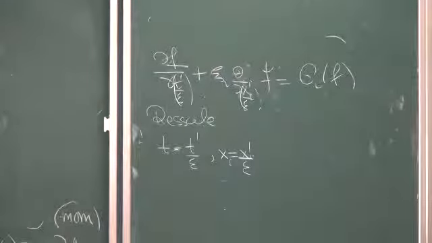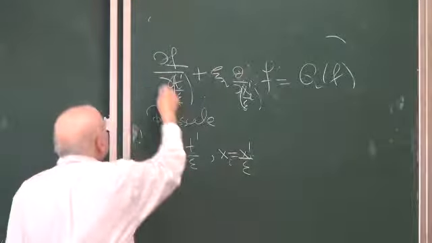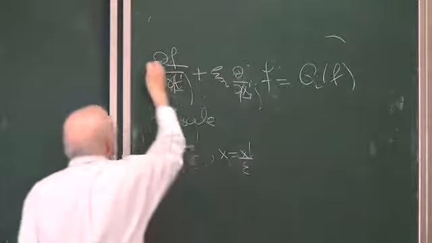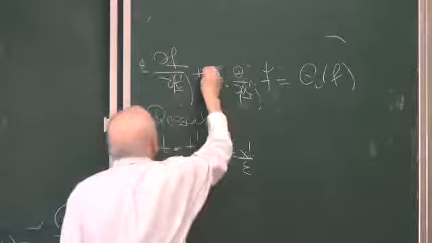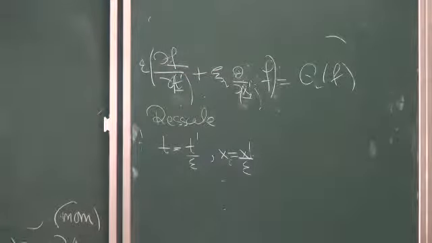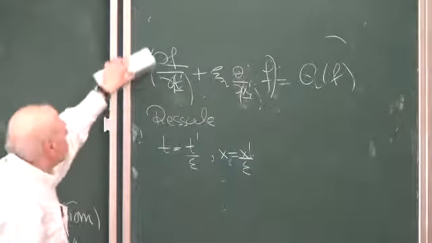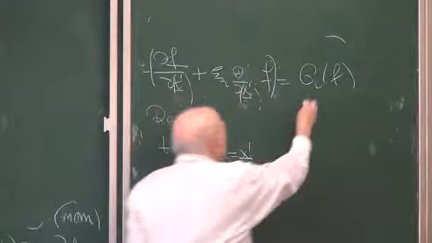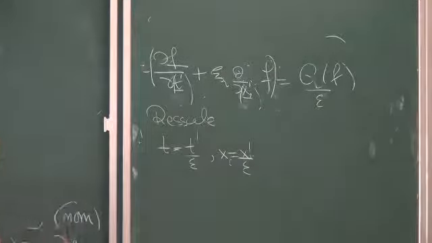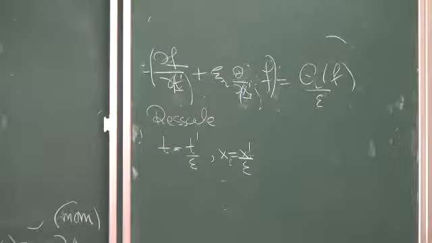Now I can hardly resist moving the epsilon upstairs, so multiply top and bottom by epsilon, and I get that. And if I then can't resist dividing by epsilon, you see I've taken the original Boltzmann equation and rescaled it such that I put an epsilon underneath the q.